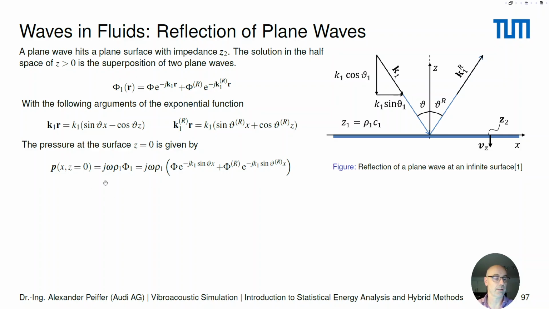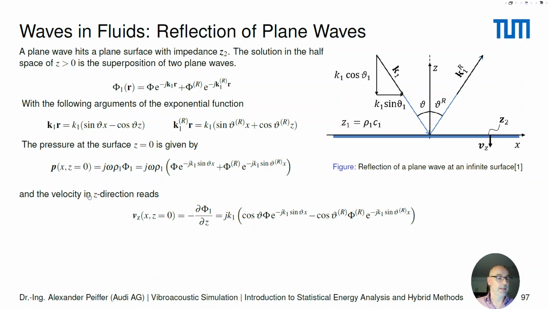And we use the vector potential functionality, which gives the pressure out of the vector potential, leading to this solution at the surface, obviously only dependent on x. Then, if we're interested in the velocity in z direction, as shown here, we have to use the vector potential again, and then we get this solution with those arguments here in the exponential function.